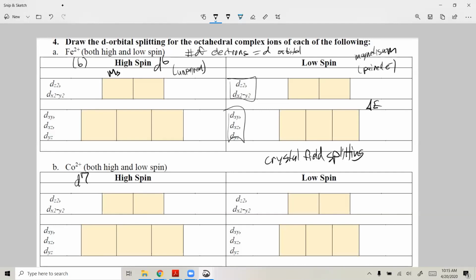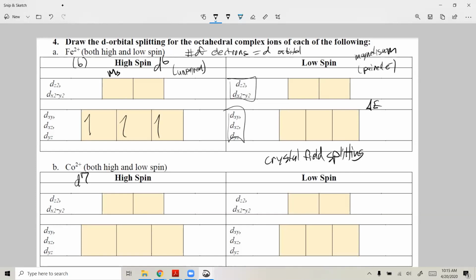So when we look at our iron for our high spin, it means that we have 6 electrons to put in. So we put in our first 3. For our 4th electron, we have a choice. We can put it down here in the bottom, or we can put it up in the higher energy orbitals.